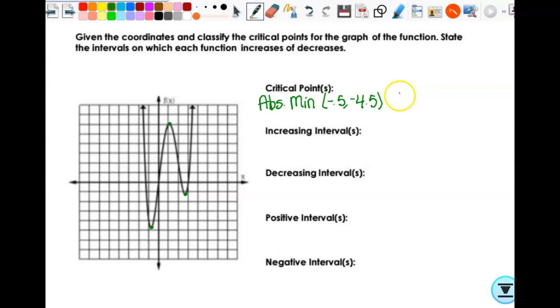So I have a relative max at 1, 6. And then this point right here is going to be a relative minimum. And that is at, we'll say 2.5, -1.5. Okay?